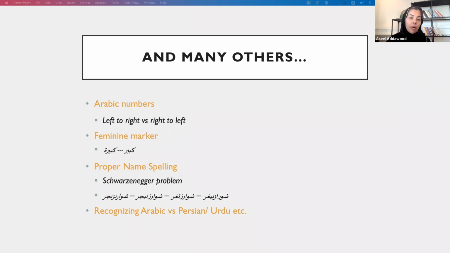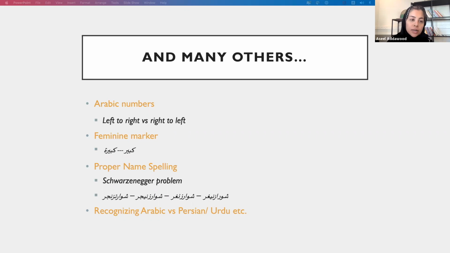I have a feminine marker: kitab kabir, but if it's a feminine object, for example, warda kabira. So that's another issue: how to differentiate between objects that have a feminine marker and those that don't.